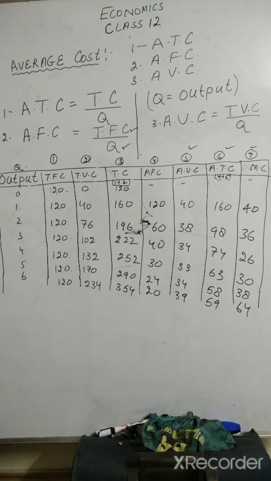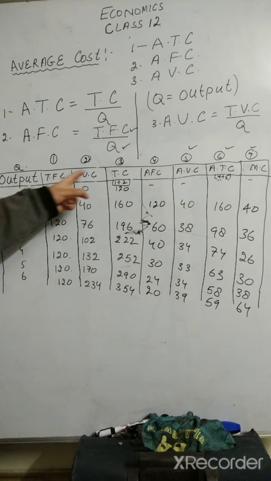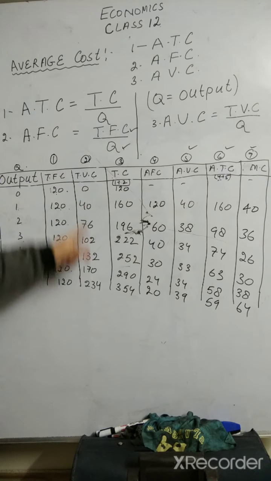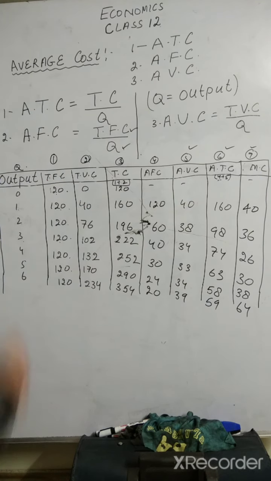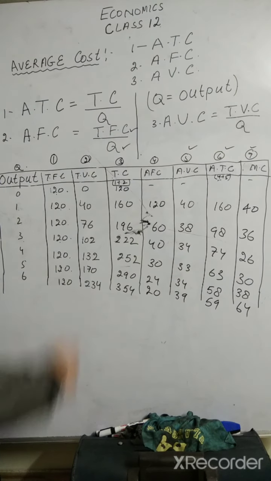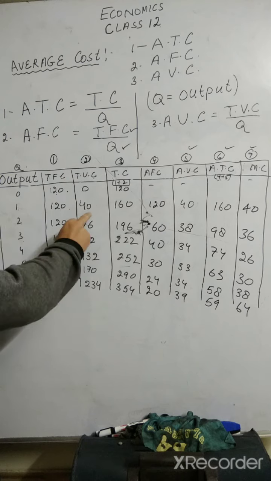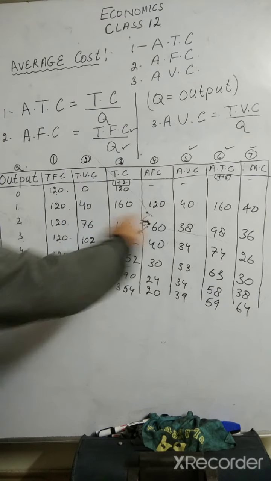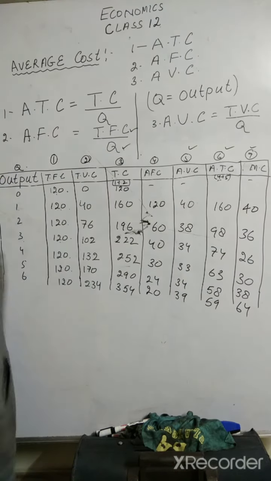Now if marginal cost is asked, how are you going to find marginal cost? To find marginal cost, come to total variable cost. This column number 2. There is no output, so there is no question of marginal cost. So if you are producing 1, how much is the cost? 40. So marginal cost is 40.